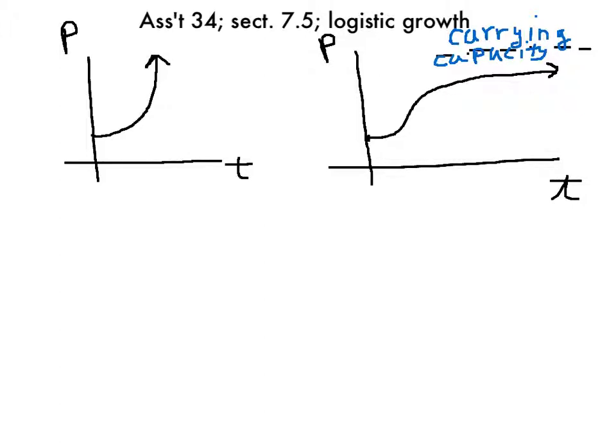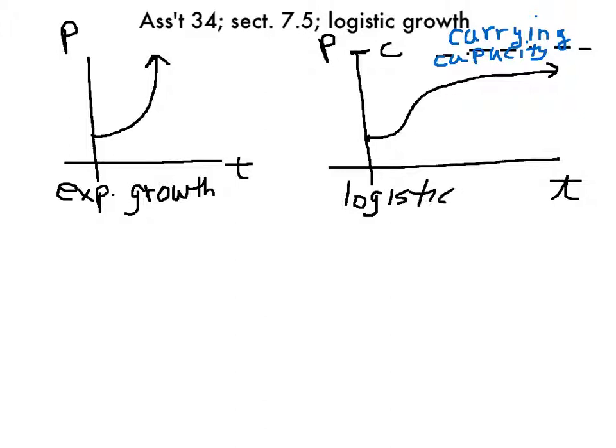And the population is approaching a particular value, usually denoted as C, which is called the carrying capacity. So here we have exponential growth, and this is the idea of logistic growth. So let's take a look at the two differential equations which describe these types of growth.